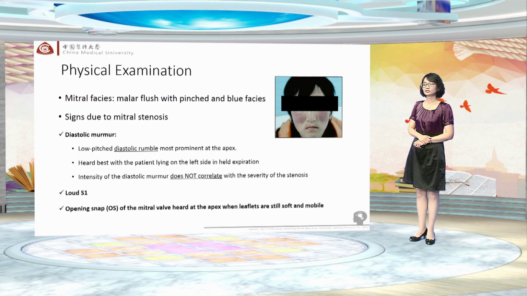Please note that this murmur is a diastolic murmur. It is not correlated with the severity of the stenosis. We can hear it best when the patient is lying on the left side in held expiration, and the most prominent area is around the apex.